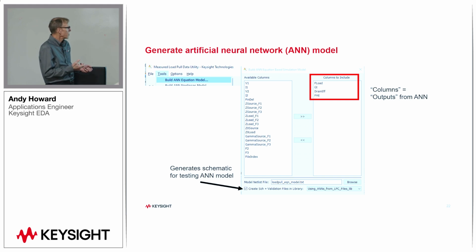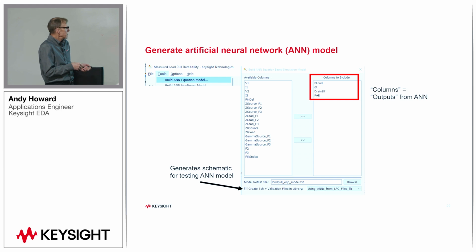What we're doing is providing information to the ANN model generator. ADS now has the ability to generate ANNs. You can give it data and the outputs that you want, and it'll generate an ANN for you. And we're basically specifying that information here.